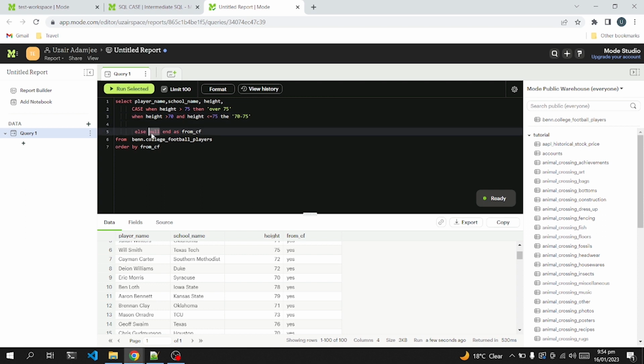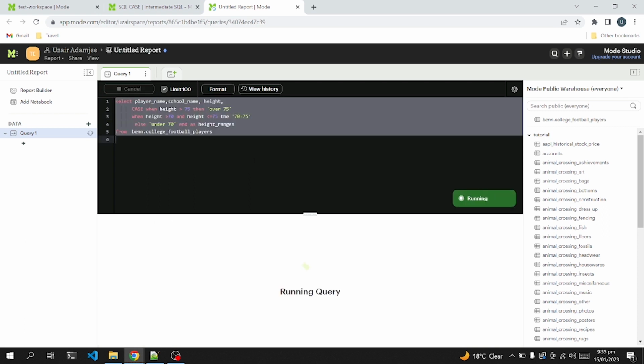Else under 70, and name it as height ranges. We don't have to order, just have to put it with it and run it out.